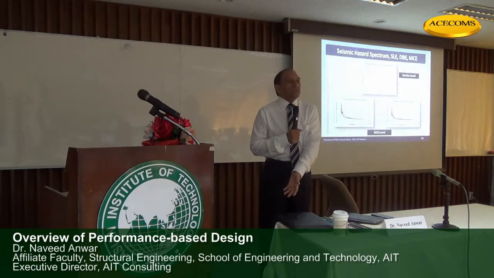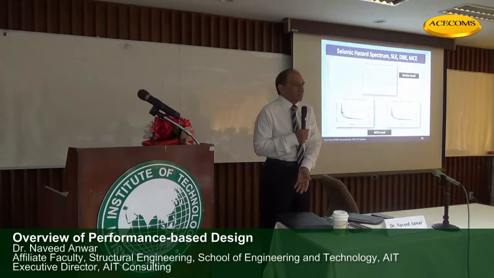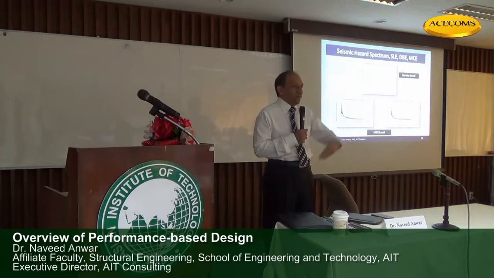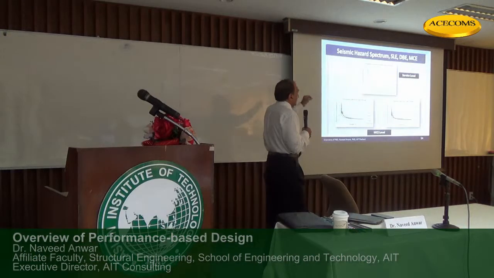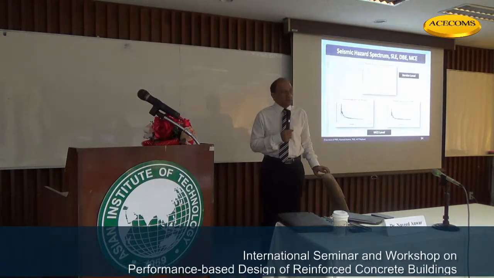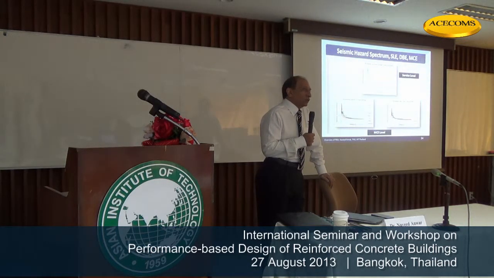I want to know what level I should consider in Bangkok, and what is the effect of a magnitude 9 earthquake in Japan here, if any. Those kinds of things help us define the response spectrum curves for that site, which we will discuss later in another lecture.